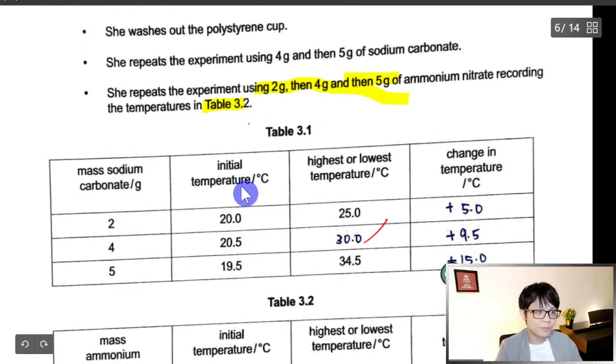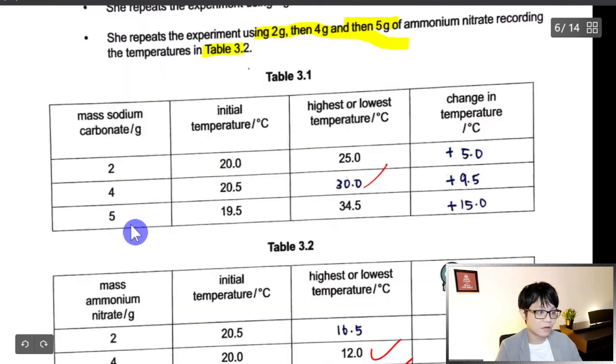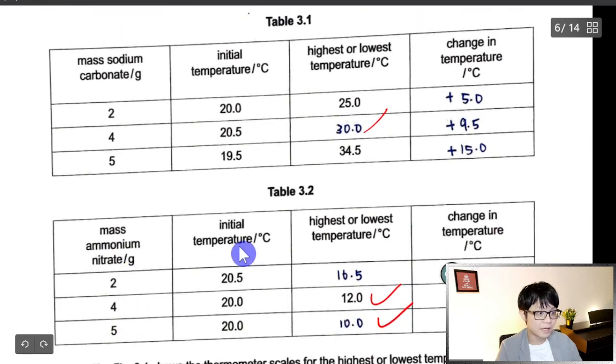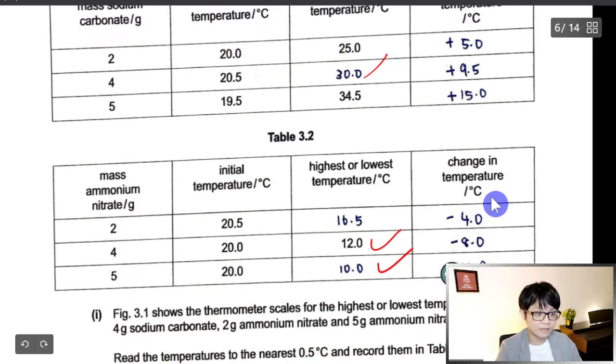Mass, temperature, mass of ammonium nitrate, temperature. So we can see that the temperature increases for this one, and then for this one the temperature decreases.